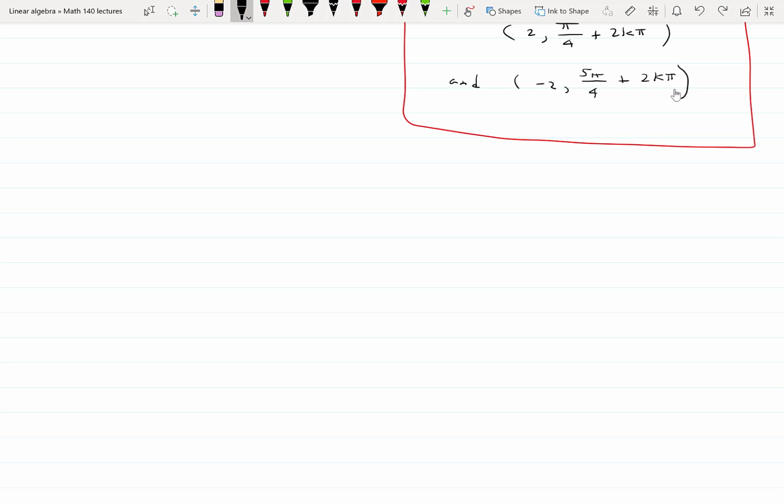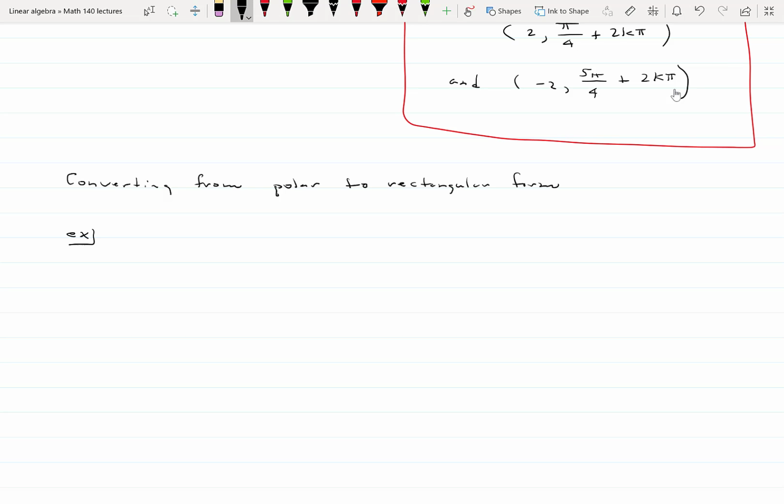So let's talk about converting from polar to rectangular, and vice versa. Let's talk about first polar to rectangular form. That means if I give you a point r comma theta, find the corresponding point x comma y. So let's do one for an example.